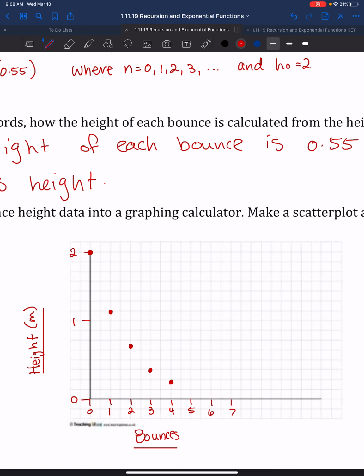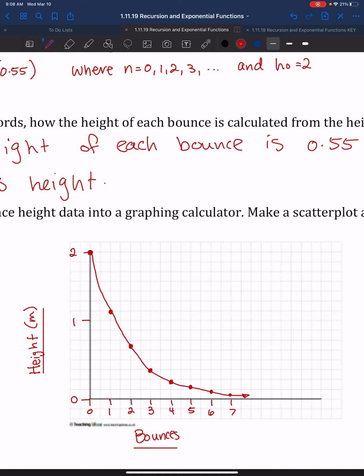Then 0.101, 0.065, and 0.031, and 0.03. And so we've got a curve or a line that follows this curve right here.